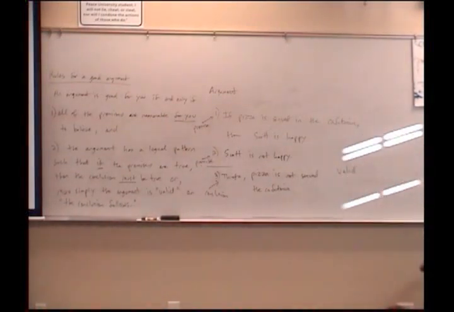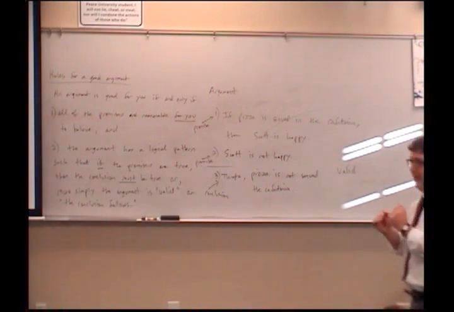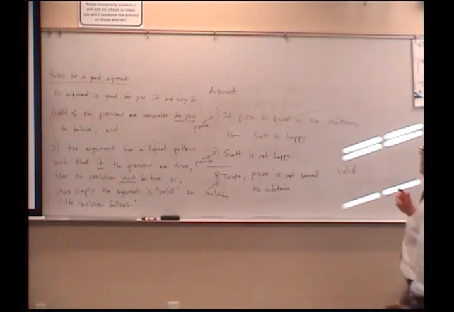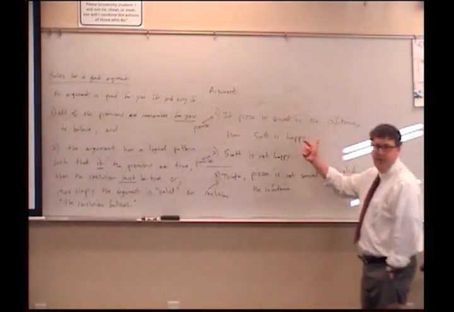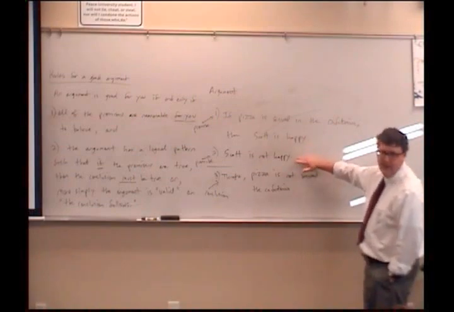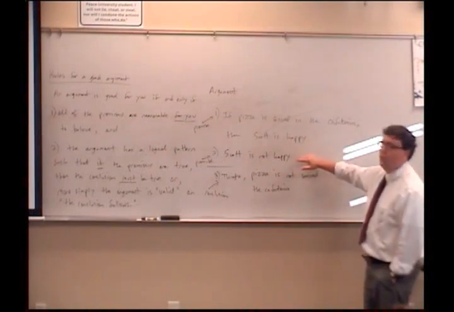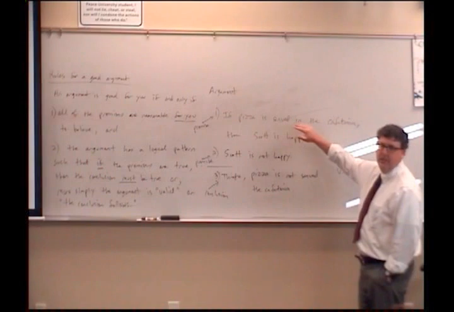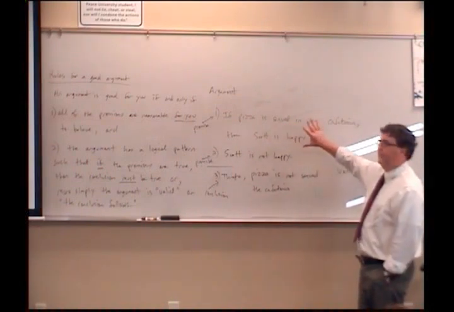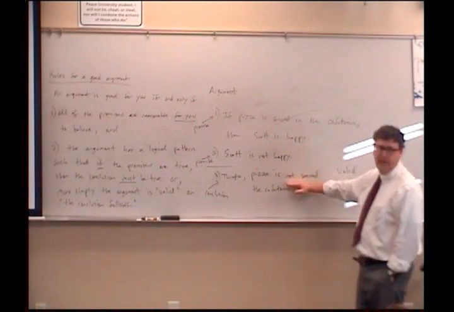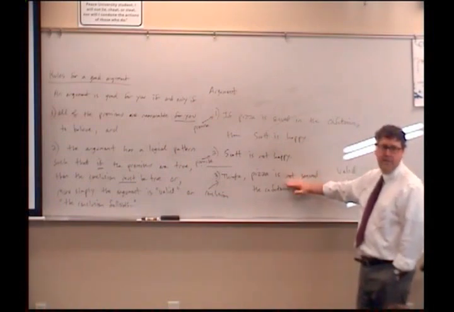Number 1 is basically guaranteeing every single time there's pizza, he's going to be happy. So one way of looking at that is there's never going to be a situation in which there's pizza and he's unhappy. If you then find out that I'm unhappy, then there's no way that there could be pizza, because if there were pizza, I'd be happy. So these premises do in fact guarantee the truth of the conclusion.